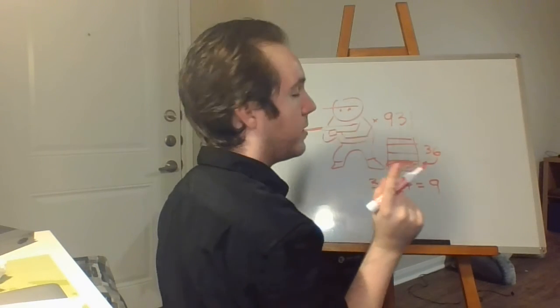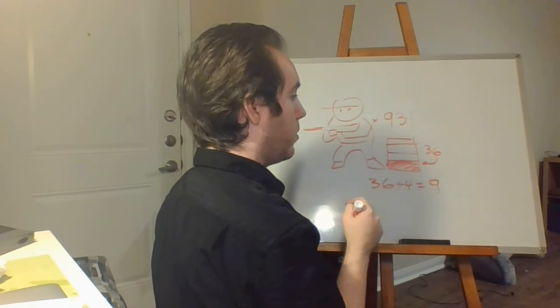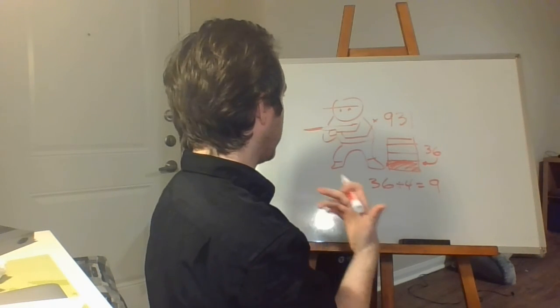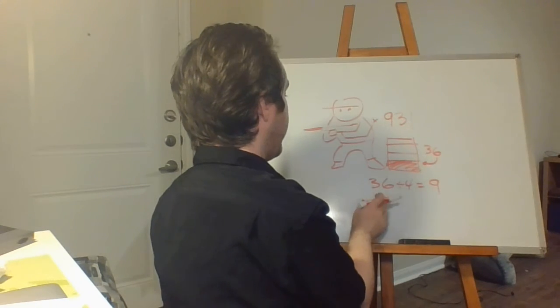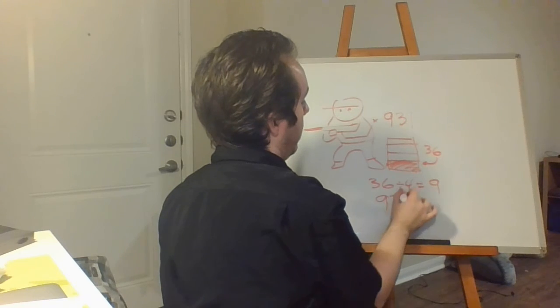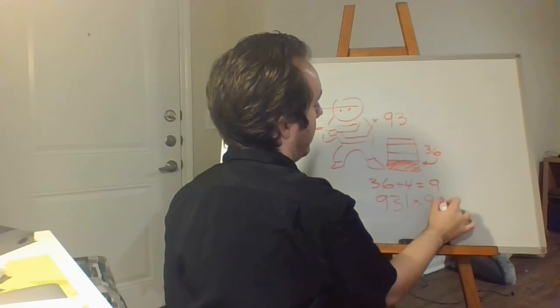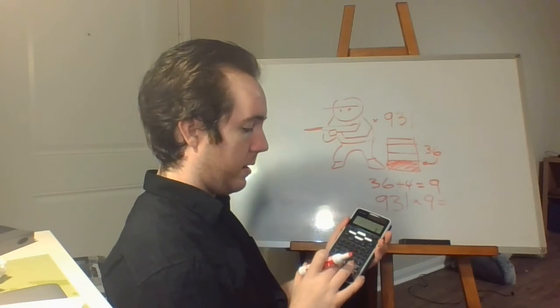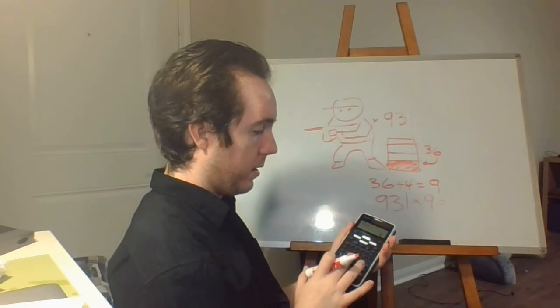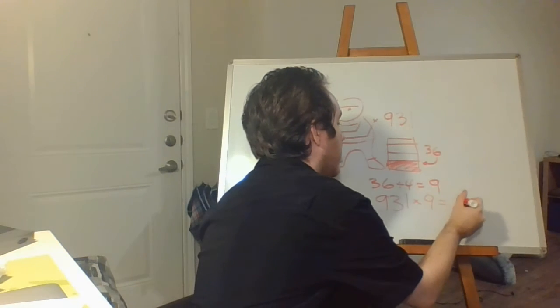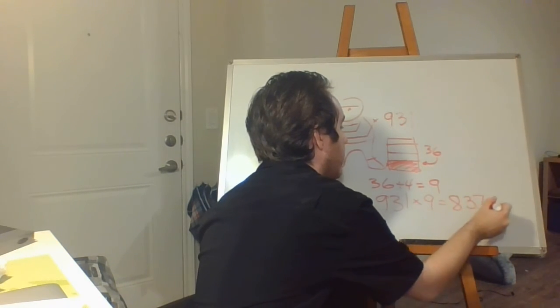So, if one soldier fires 9, 2 soldiers fire 18, 3 soldiers fire 27, we see we have a multiplication going on. So to find how many rounds all of them fire together, we can do 931 times 9. 931 soldiers times 9 rounds equals 8,379, which is my final answer.